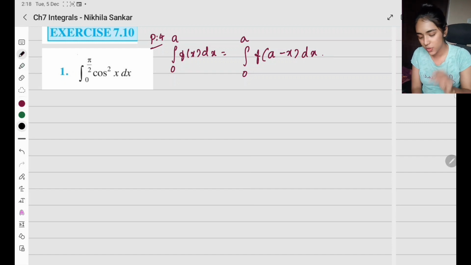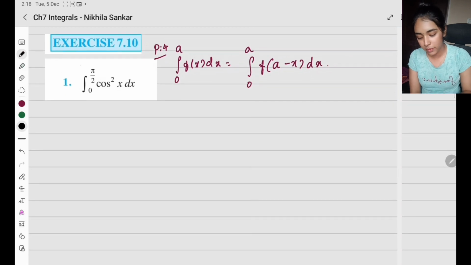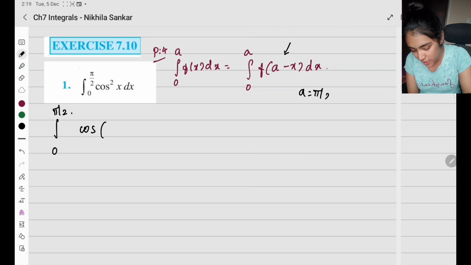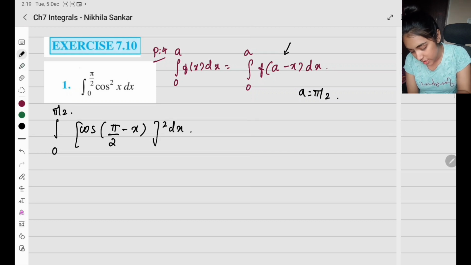Okay. So, I have the integral of 0 to pi by 2 of cos square x. When I use this property, I have 0 to pi by 2 of cos, where I replace x with a minus x, where my a value is pi divided by 2. So, a minus x is going to be pi by 2 minus x, the whole square, times dx. Now, cos of pi by 2 minus x is a complementary angle, so cos becomes sin.